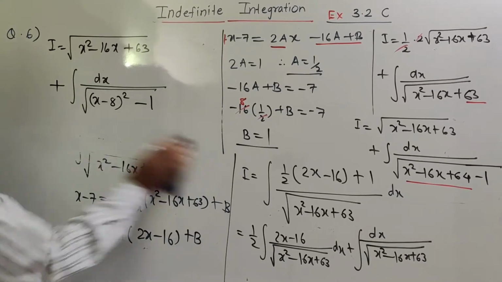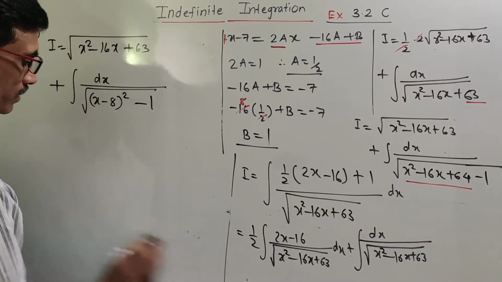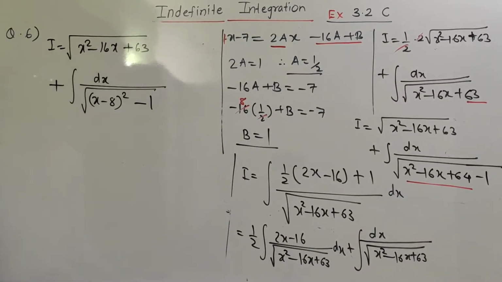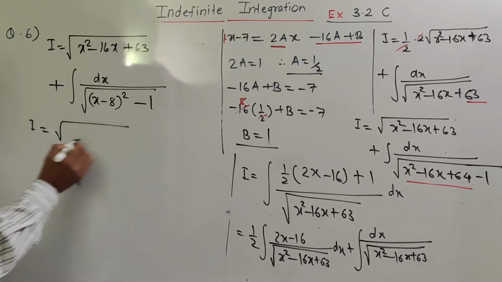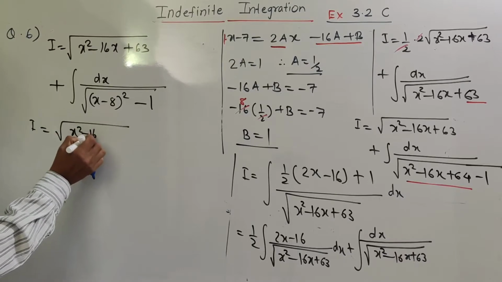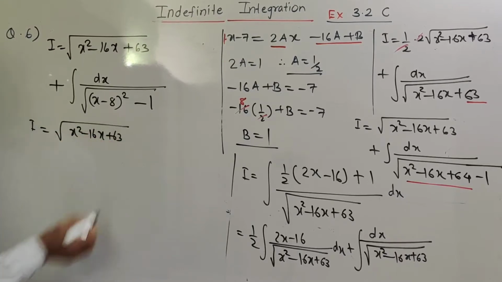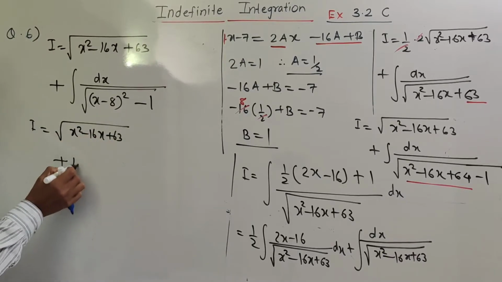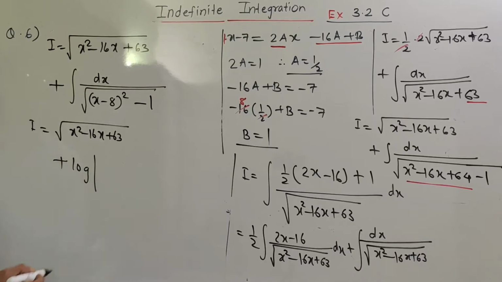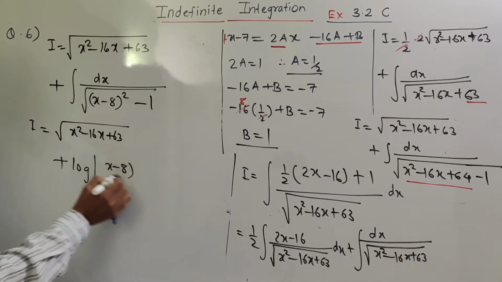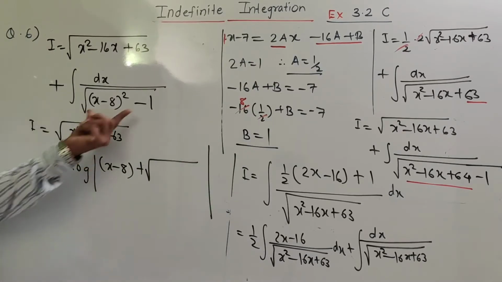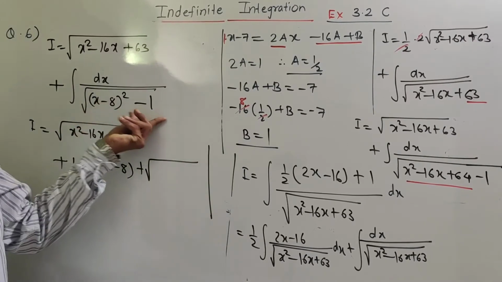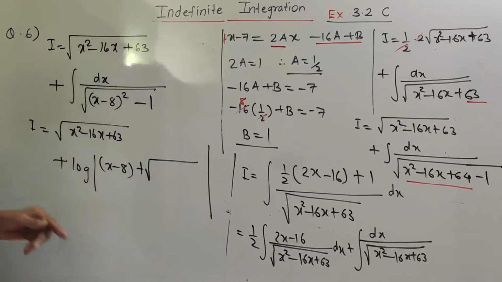The integral of dx upon root of x square minus a square is log of x plus root of x square minus a square. So integral I is equal to root of x square minus 16x plus 63 plus log of x minus 8 plus root of x minus 8 whole square minus 1.